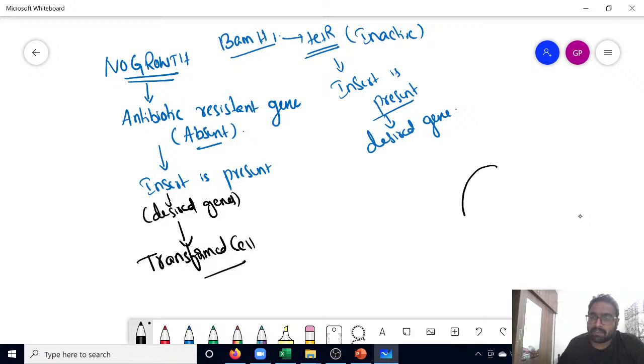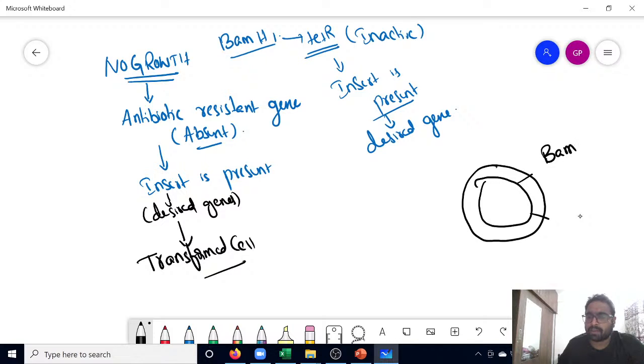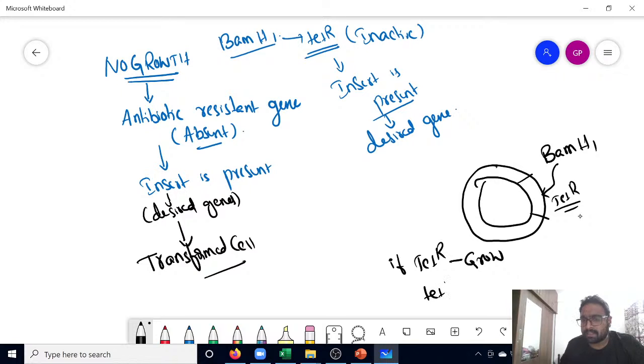So students, once again I will draw the diagram of pBR322. Very simple rough diagram. Here we use the enzyme BamH1. When you use BamH1, it acts here, on TET-R. If TET-R is active, it can grow. If TET-R is inactive, it cannot grow.